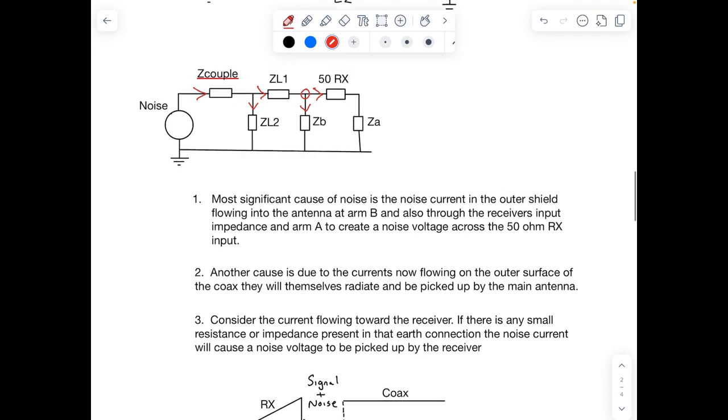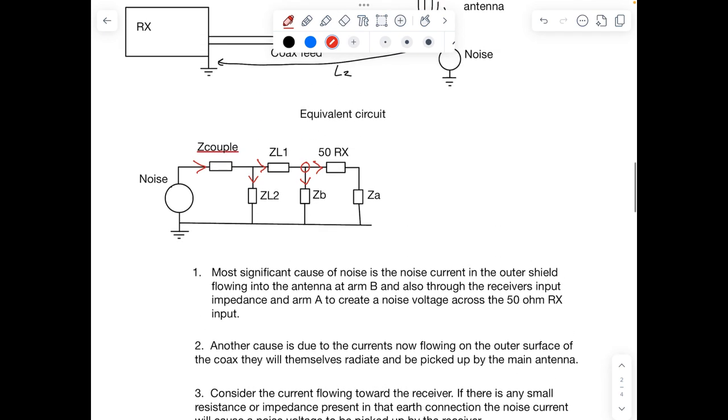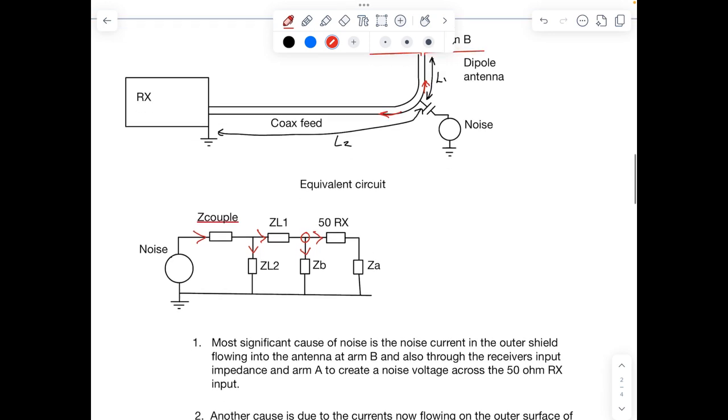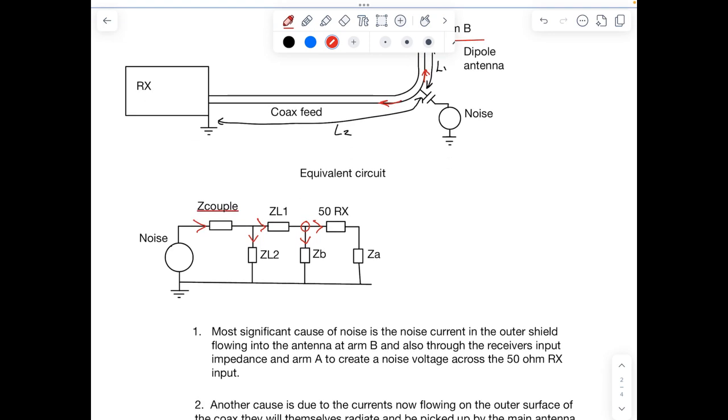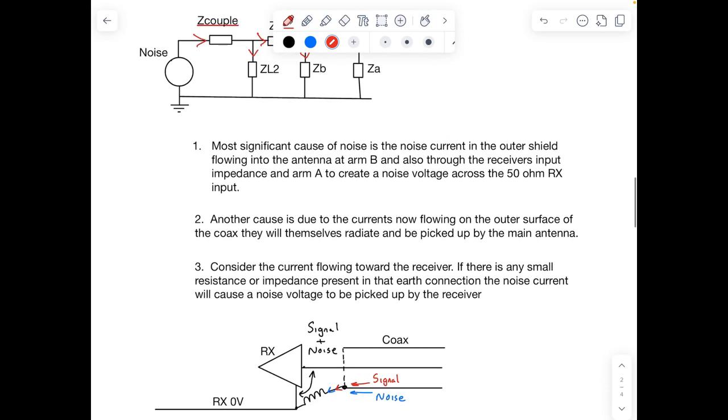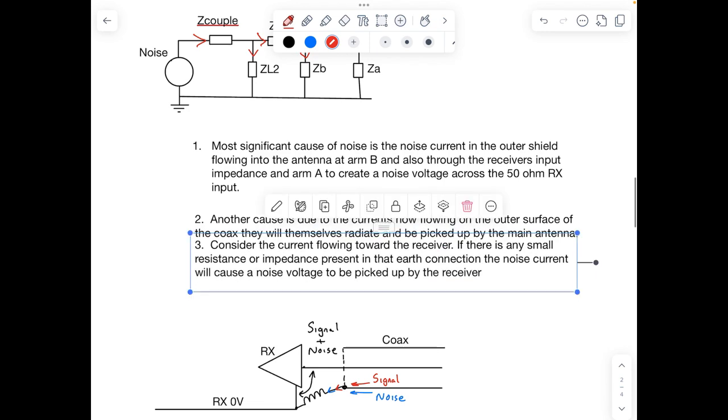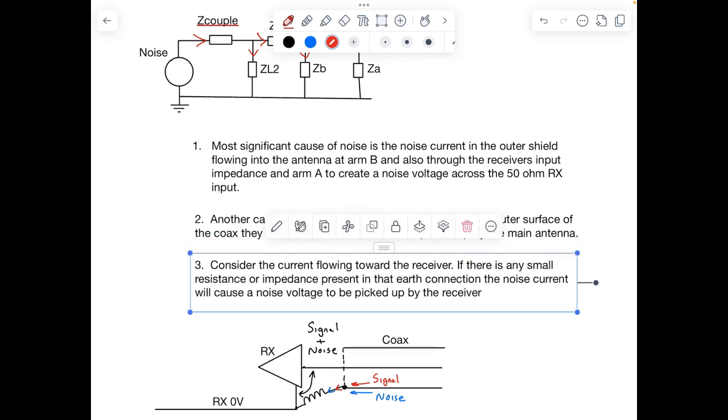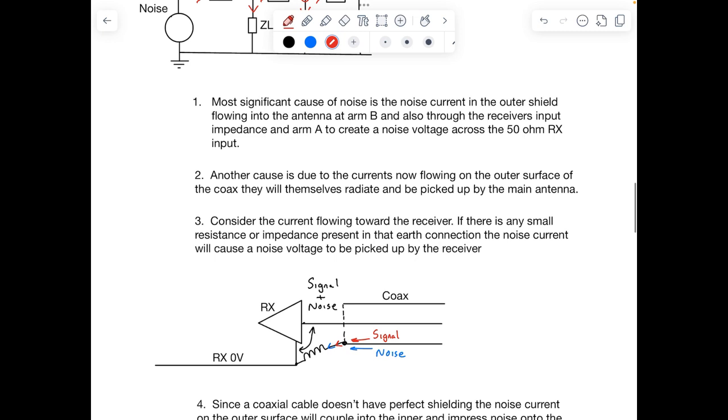The third mechanism is due to the current flowing towards the receiver. So let's just read number 3. Consider the current flowing towards the receiver. If there is any small resistance or impedance present in that earth connection, the noise current will cause a noise voltage to be picked up by the receiver.